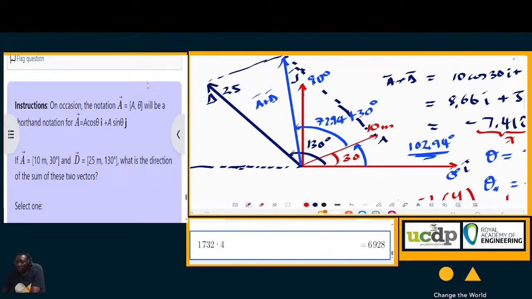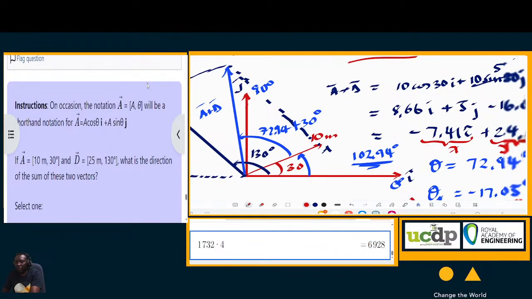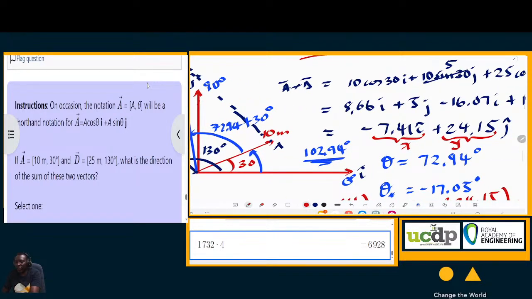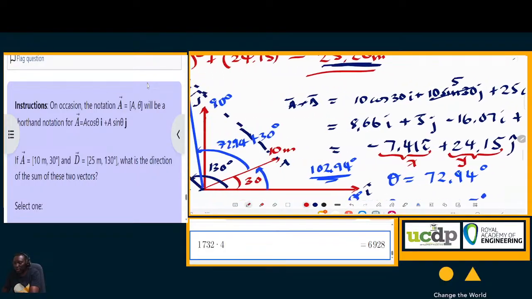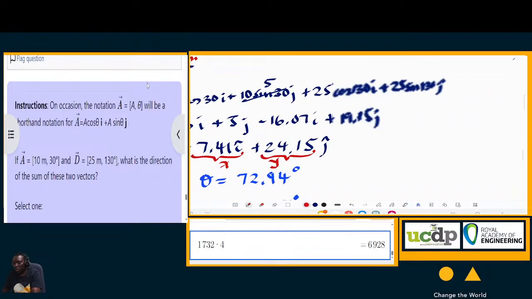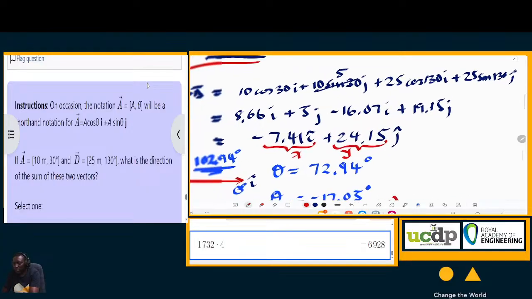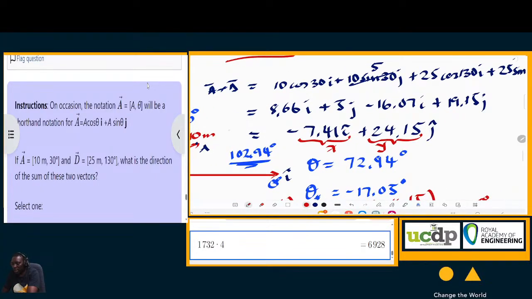When you apply this, you have a resultant that is given by minus 7.4i. Let me actually draw it separately so that we don't confuse it with what we're seeing here. We have a resultant of a plus d, so this is the a plus d vector.